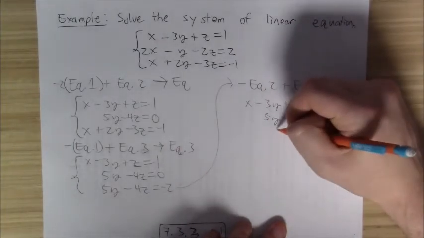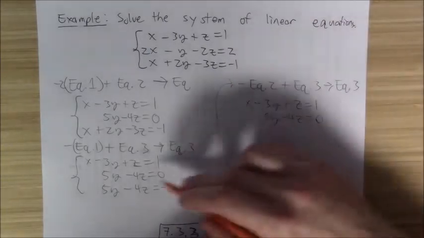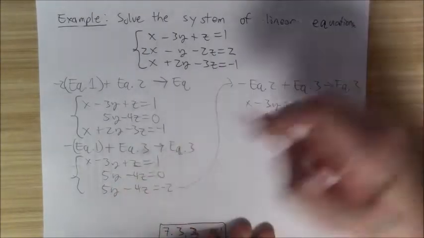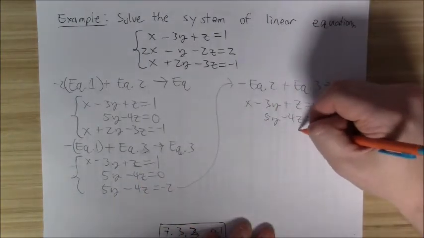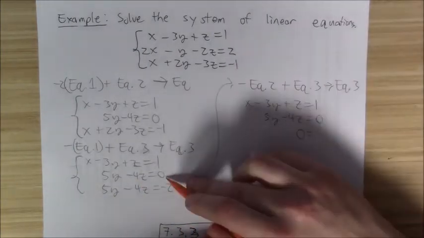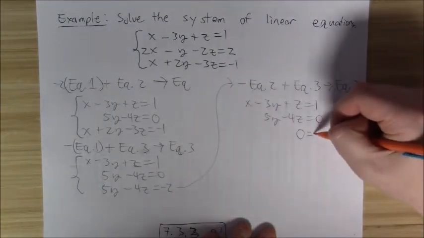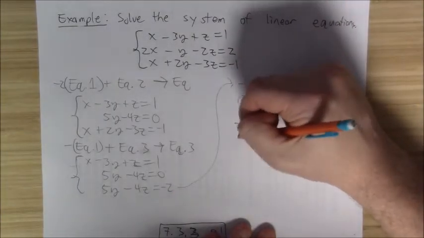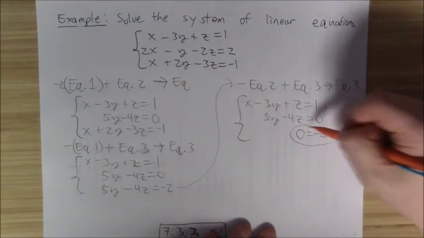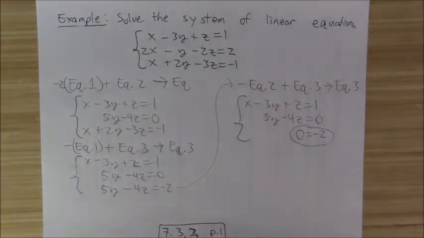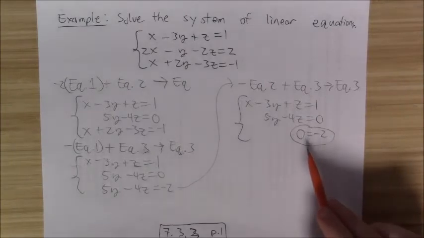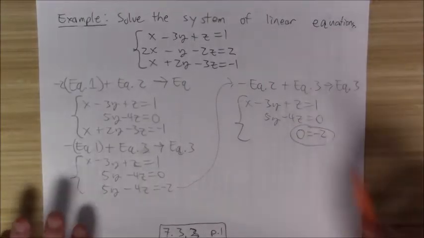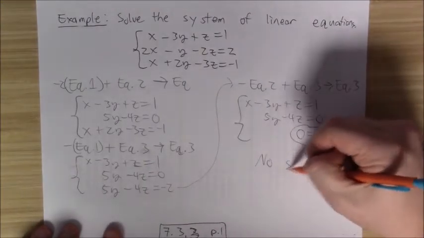Finally, in the bottom equation, subtracting this from that, I get a 0 there, and no z's, so I just get a 0 here. But then here, I'm going to get a negative 2. I want you to notice, we saw this before in one of our videos for 7.2. This led us to conclude that there was no solution.